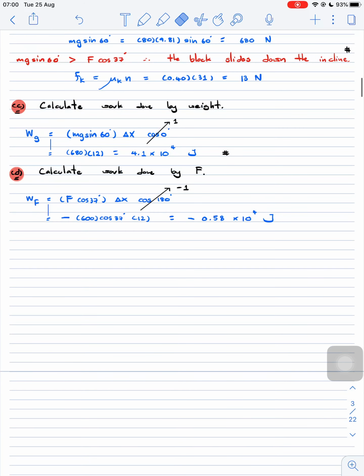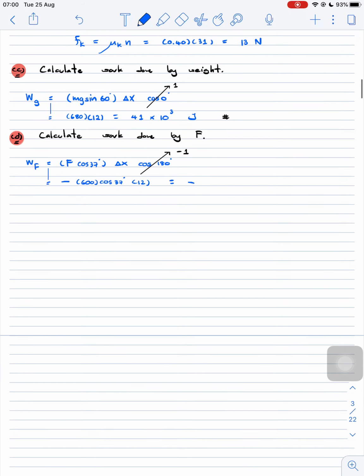Actually, let me change this answer to be 41 times 10 to the 3, and let me change this answer to be 5.8 times 10 to the 3. Okay, so this just looks nicer.